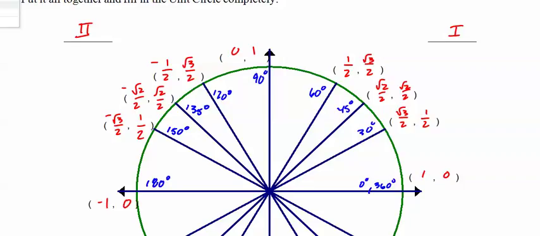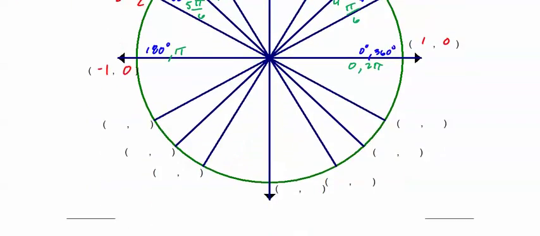Hey, let's do the radians. 0 and 2 pi radians, pi over 6, pi over 4, pi over 3, pi over 2, 2 pi over 3, 3 pi over 4, 5 pi over 6, pi. And that's unit circle. That's what we do. Gotta have it all memorized.